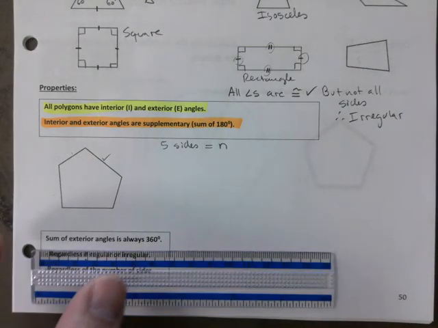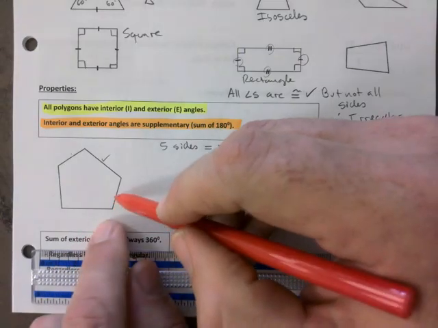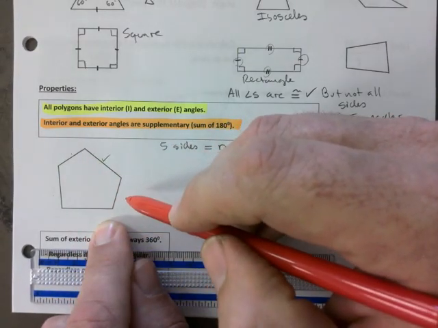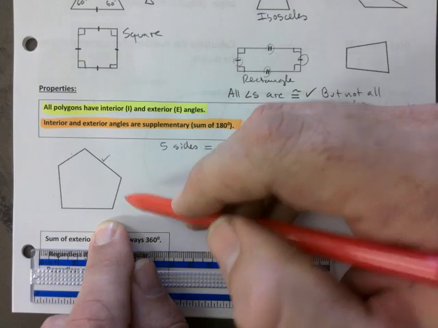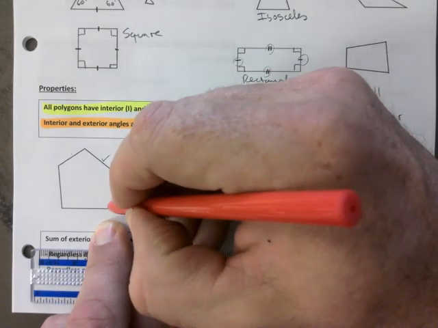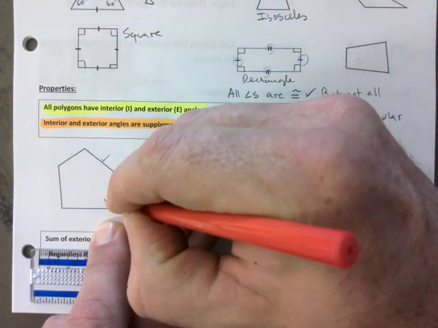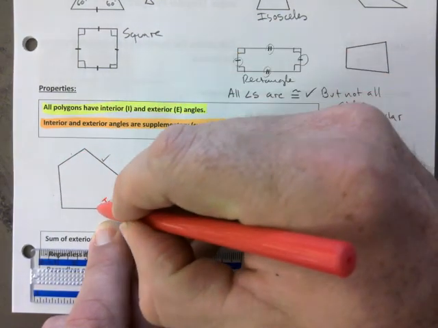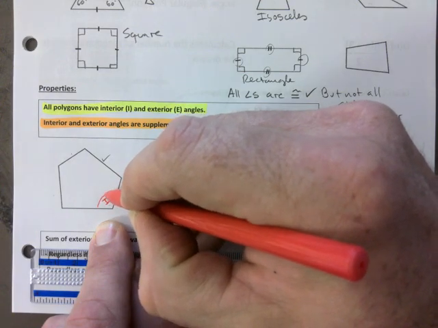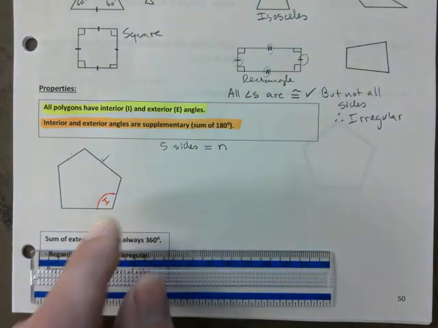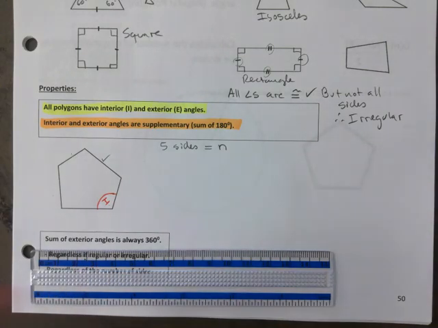Follow me here. Is this a regular polygon? It doesn't look, okay, so that it would not be. But it has 5 interior angles here. So let's label this I and make one of these there. That's 1 interior angle. Where's the exterior angle, you think?